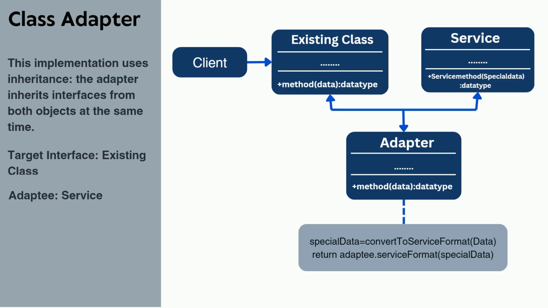One of the main advantages of class adapter is that it allows direct access to both the interface and the adaptee functionalities. However, since it relies on inheritance, it is limited by the fact that it can only adapt a single class, making it less flexible in cases where multiple adaptees need to be adapted.